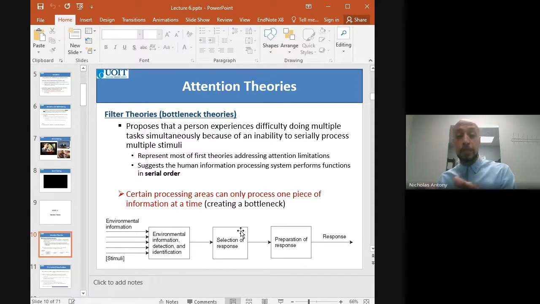So with Benjamin, if it was a bottleneck theory, you would be focusing on the pancakes, trying to flip them. Okay, you're able to process the information about the pancakes, and then now I'm going to look at my home fries, and then you have to process that, but you can't simultaneously process what's going on with the pancakes, for example.